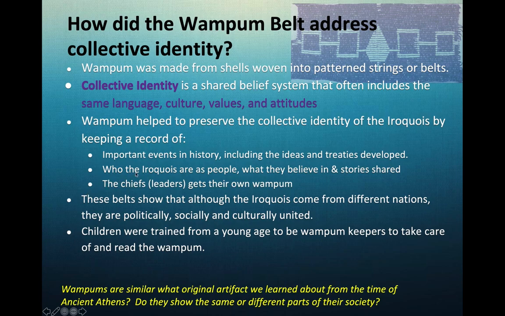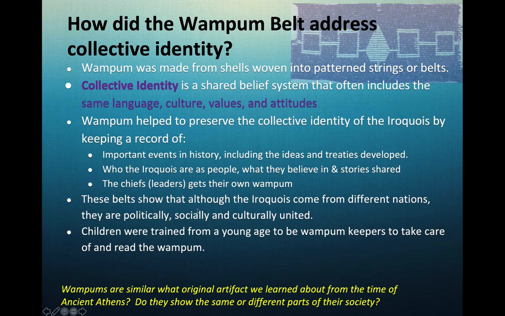It also showed who the Iroquois or the Haudenosaunee people are, what they believed in, and any stories that they shared. The chiefs or the leaders all got their own wampum to help identify who they were whenever they went to a Grand Council meeting, or if they were just having a meeting within their own clan.